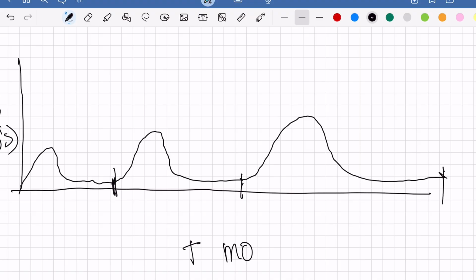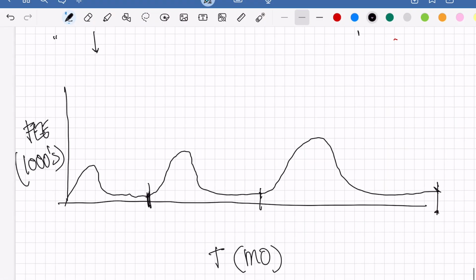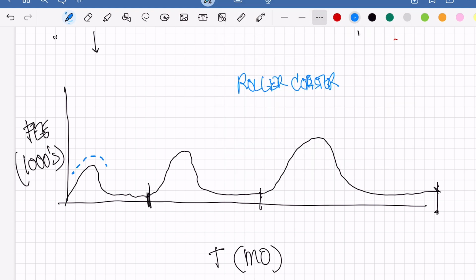And the next thing you know, you have a whole year of 3 projects. And literally, people talk about the roller coaster.